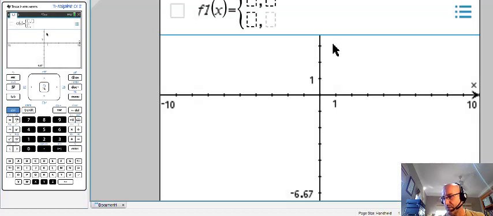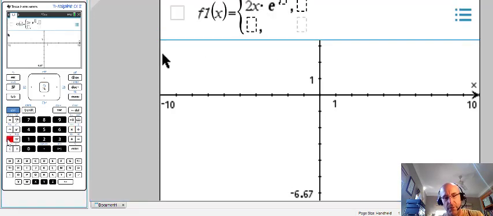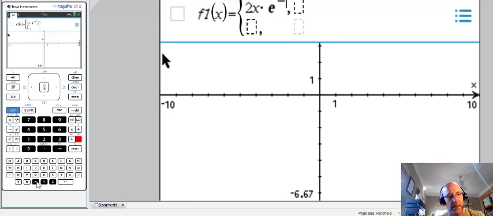Alright, so we got 2x by e. Remember to use this here, don't use the alphanumeric e, negative, and then x squared.